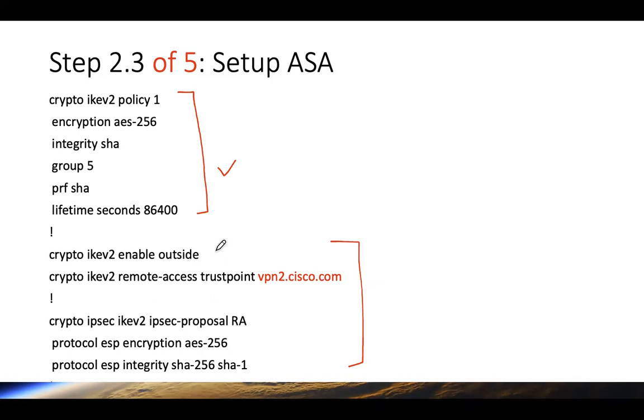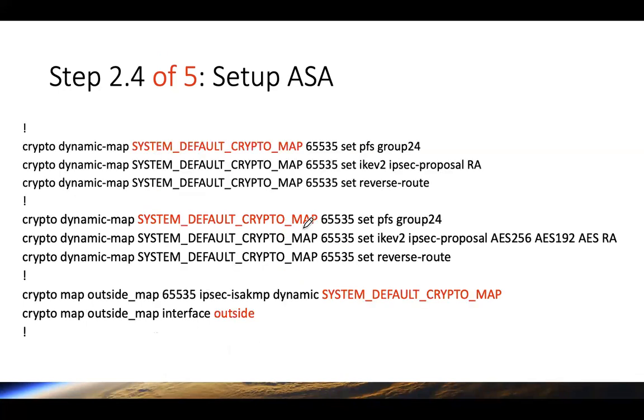You can see we are enabling IKEv2 on the outside interface, connecting it to the trust point, and I assume everyone knows how to configure trust points on Cisco ASA. And finally, the dynamic maps.